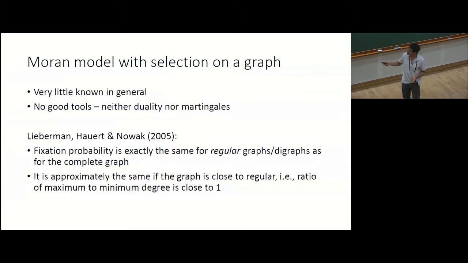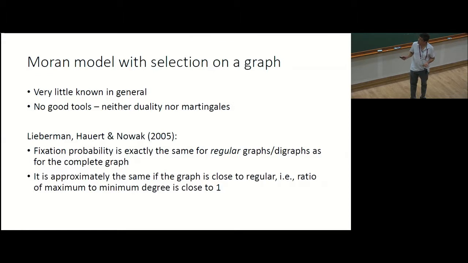And in fact, okay, that's for the complete graph. What happens on general graphs? This is coming from the drift, yeah. What happens on general graphs, we don't know.